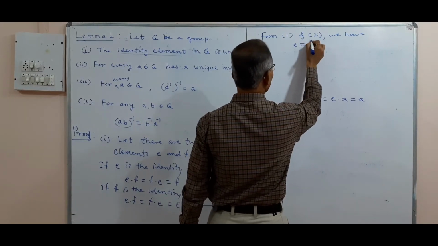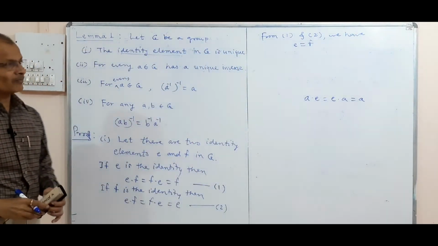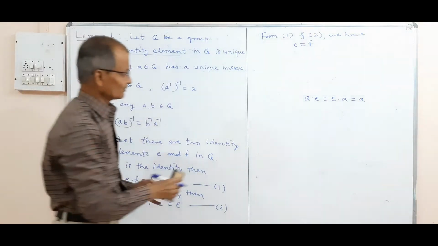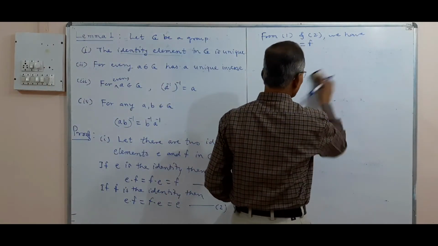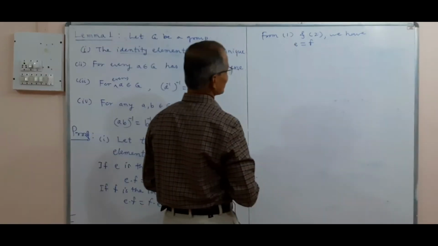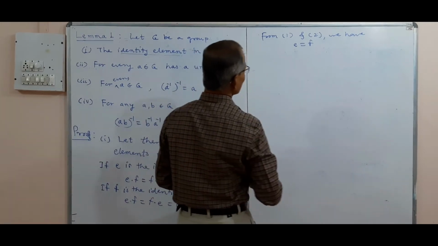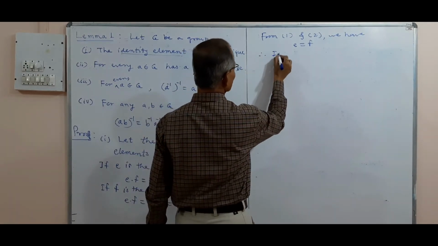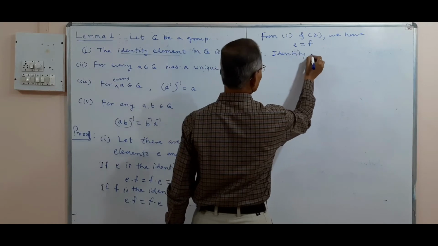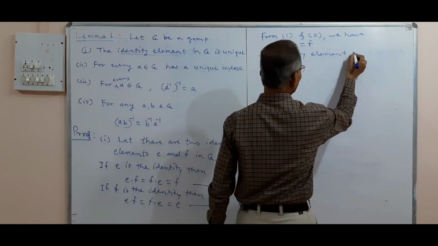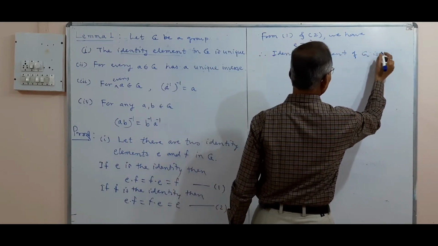What this shows, e is equal to f, means the identity element is unique. There are two identities we assumed, but they are the same. So therefore, identity element of G is unique.